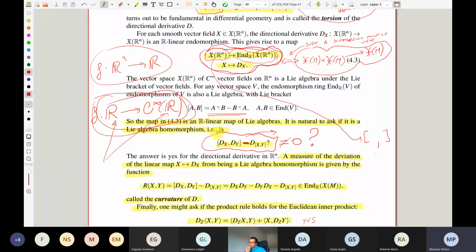It is the curvature. This quantity, which is not a number, as I told you in the beginning, is a very complicated quantity depending on x, on y, and now you have an endomorphism. So it depends again on another vector field z, and if you put this vector field in the endomorphism, you obtain finally another vector field. So this quantity, which is expressed by 4 vector fields, is the famous curvature we were looking for.